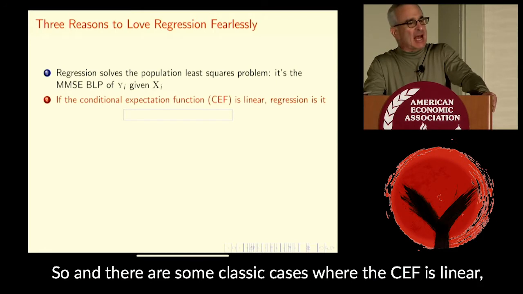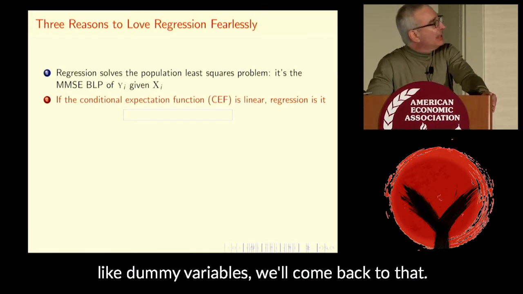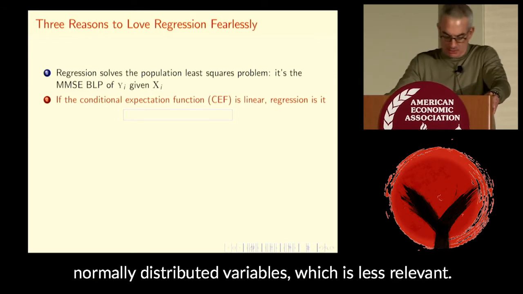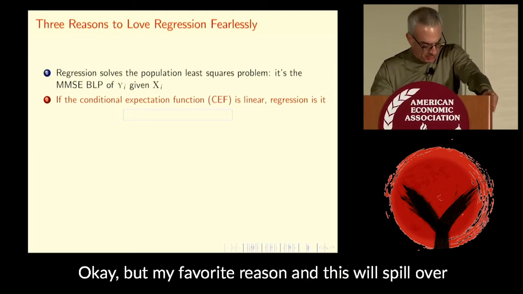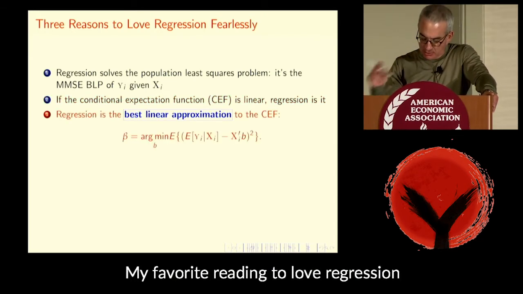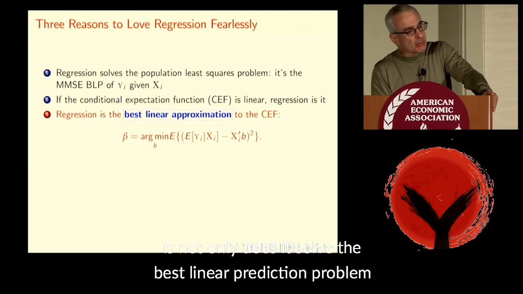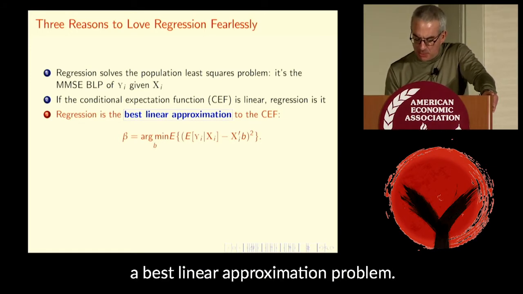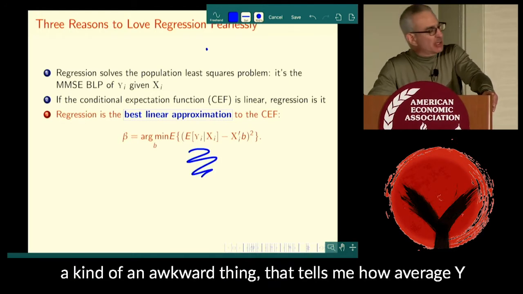There are some classic cases where the CEF is linear, like dummy variables. We'll come back to that. Another classic case is normally distributed variables, which is less relevant. But my favorite reason to love regression, and this will connect back shortly to what we're doing, is that not only does it solve the best linear prediction problem for y given x, it also solves a best linear approximation problem. E of y given x is kind of an awkward thing.